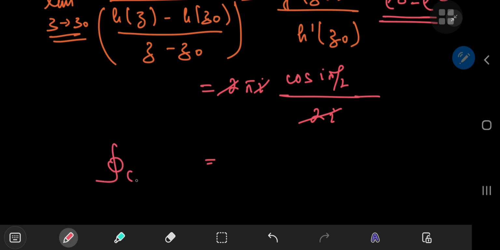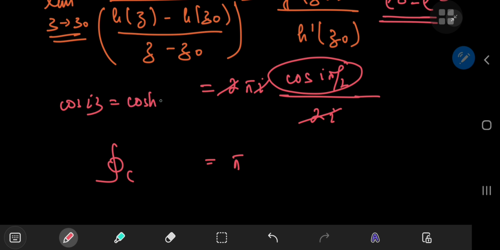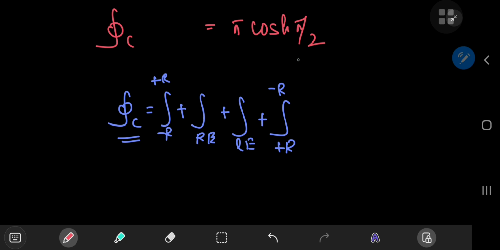So the integral over the closed contour C equals pi times, now the cosine of i times z equals the hyperbolic cosine of z, so you can replace this by writing cosh pi by 2. And with this result that we just derived, we can replace the left-hand side by pi times cosh pi by 2.